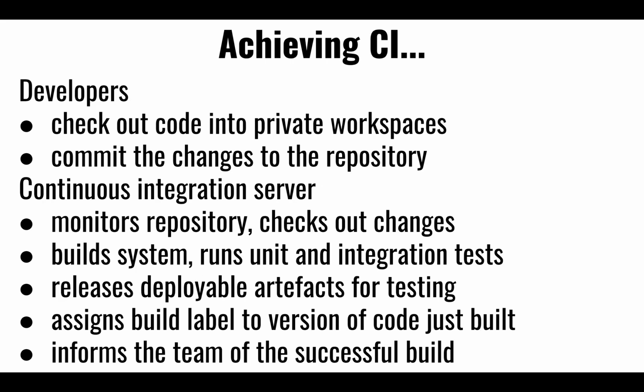Achieving continuous integration, you're going to check out the code into your own feature branches, and the continuous integration monitors whenever you check in something. Usually what we're going to do is protect the master branch, so that only if it's in the master branch, we consider that to be going out to production, right?